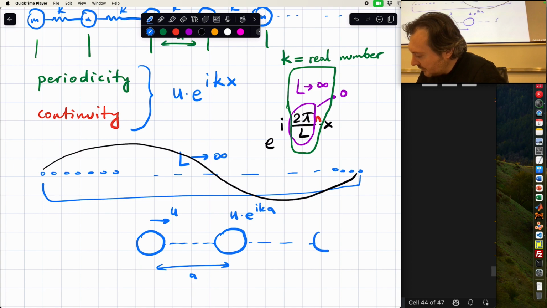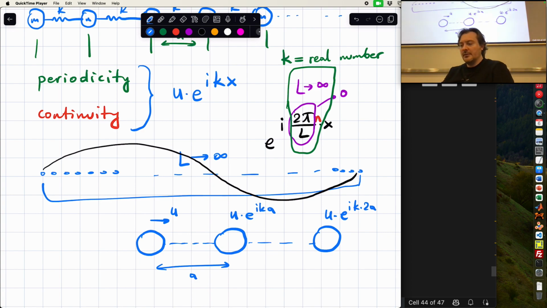And the next one will have u times e to the i times k times 2a, etc. Do you agree with this? Are you lost? No? Anyone who is lost? Is it super simple? No, right? We have the right amount of complexity.